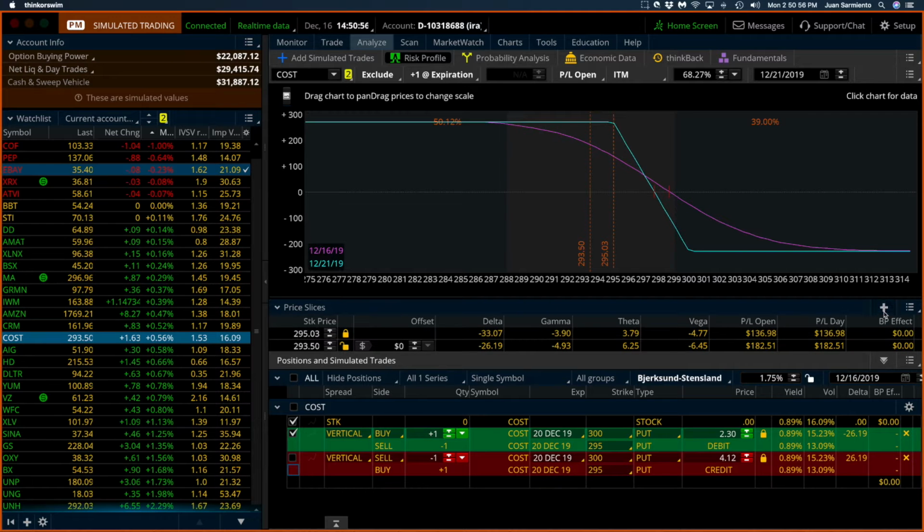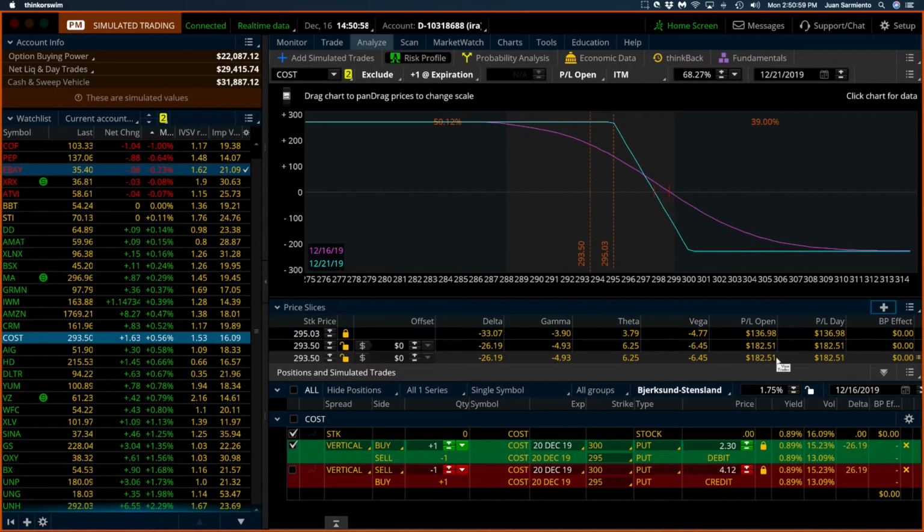Let's see, $182 is what I have. It's on the red line right here. $270 will be the maximum profit. So if we close today, we're gonna get a little under $90 of what we could if we left it to the end. But I just don't want to take the risk.